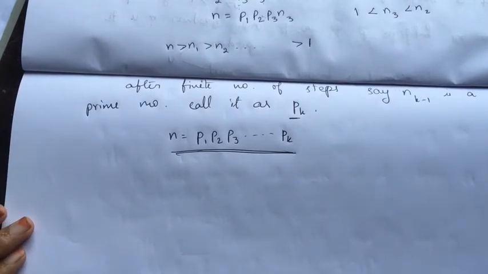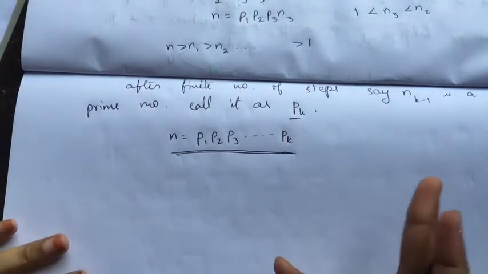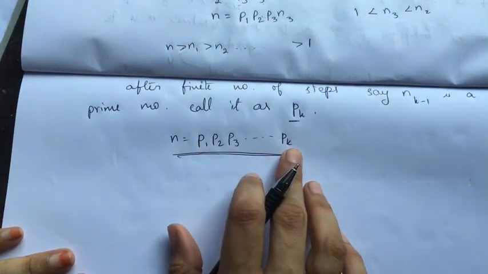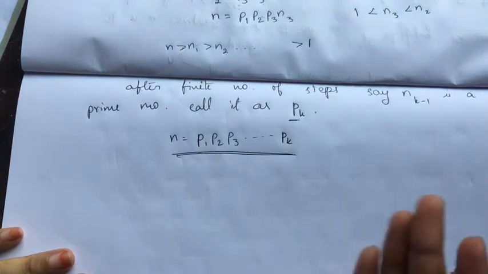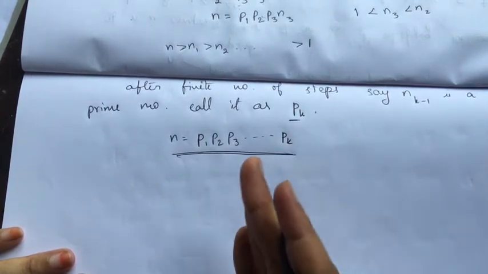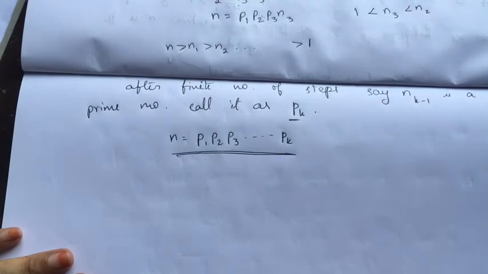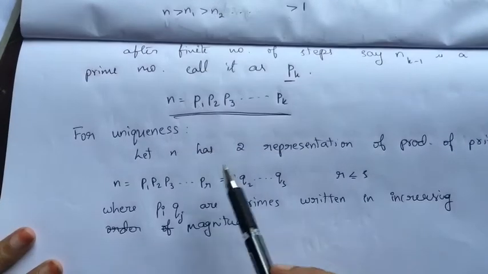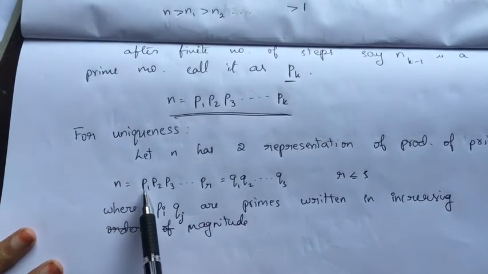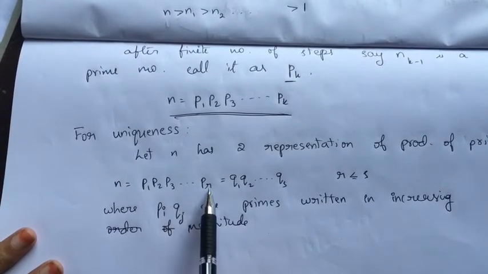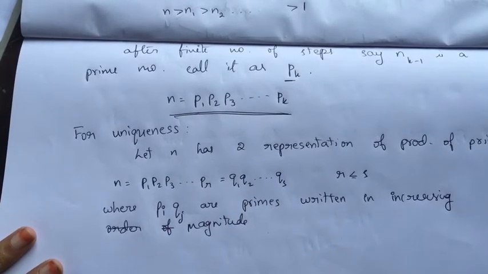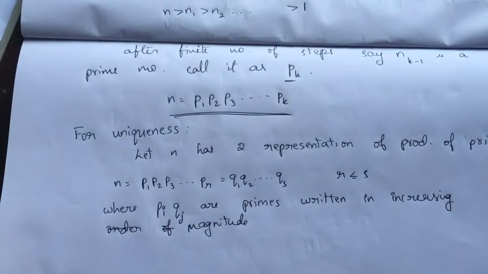Okay, let us see. Let us say n has got two representations. One is a product of primes p1 p2 up to pk, and another is again a product of primes q1 q2 up to qk. Okay, I'll just write it down. So two representations, p1 into p2 into p3 into pr, q1 into q2 into up to qs with r less than or equal to s.